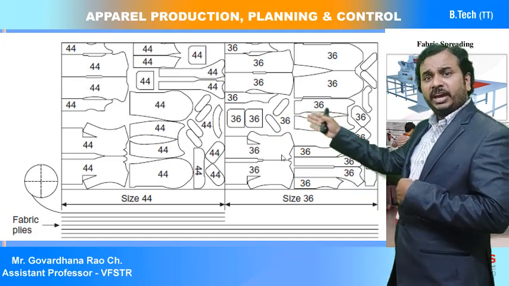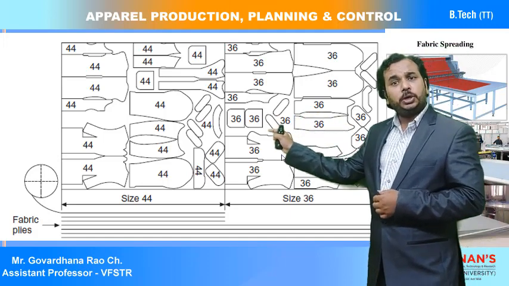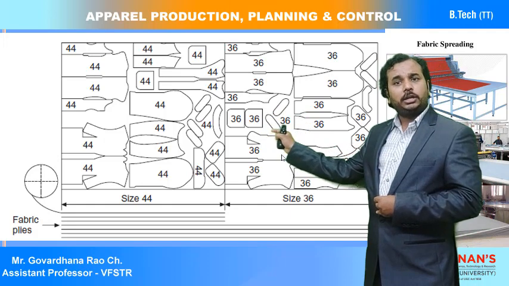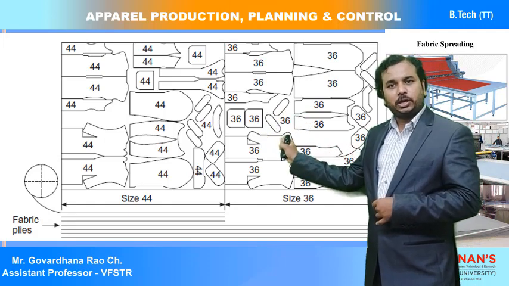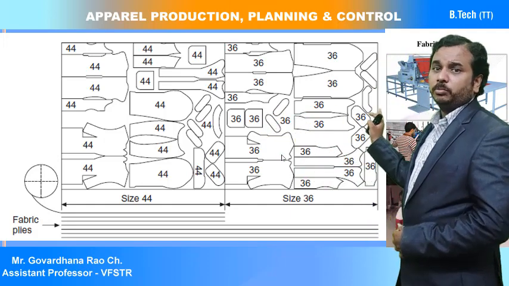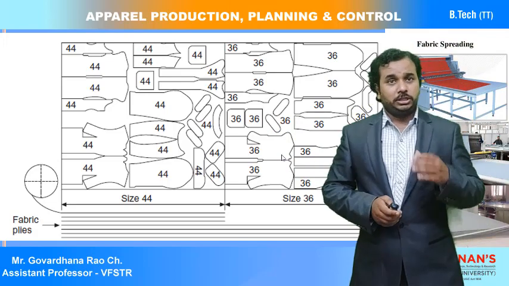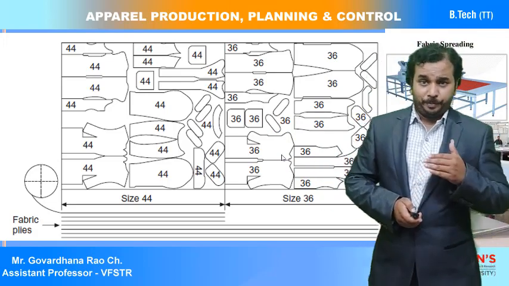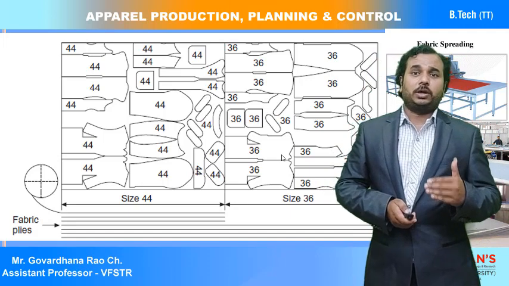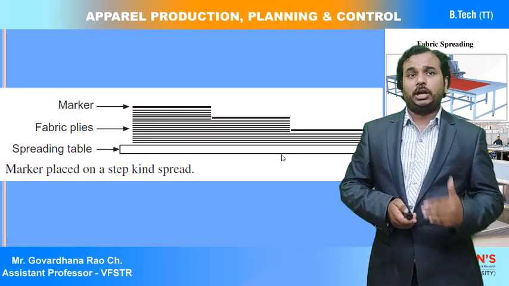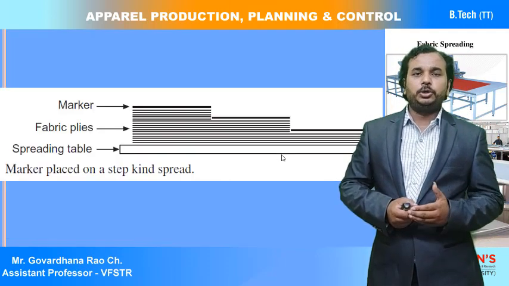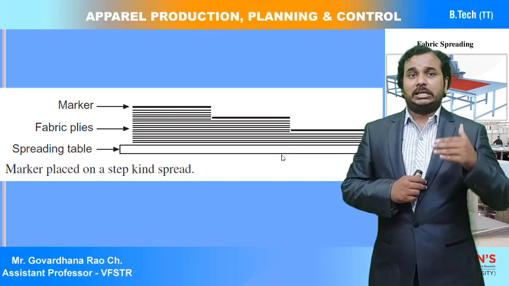So in the 36 size you get a lesser order quantity, and the 44 size is the larger order. So this is how you place the fabric plies on the spreading and cutting table after spreading.